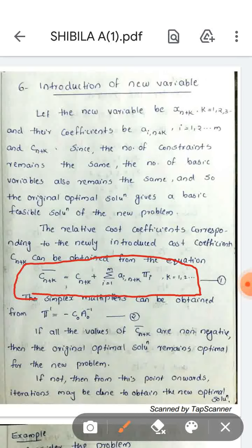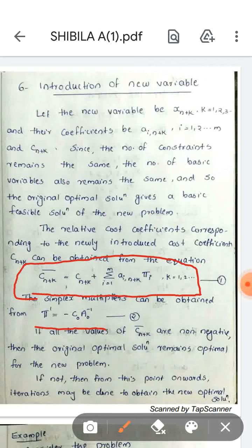Here c(n+k) bar is the relative cost coefficient and c(n+k) is the cost coefficient. The pi i's are simplex multipliers, and they can be obtained from pi dash equal to minus c naught A naught inverse.